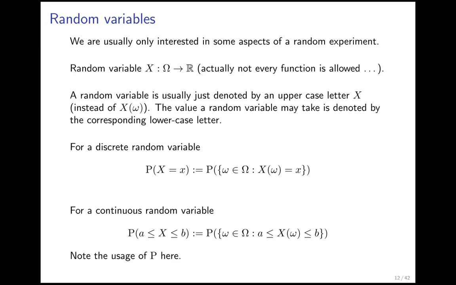So actually every reasonable function that you can come up with is allowed. And we're also going to use a convention, namely we're usually going to use just the uppercase letter X instead of the full function call X of omega. And the value that the uppercase X variable may take is denoted by the lowercase letter x.